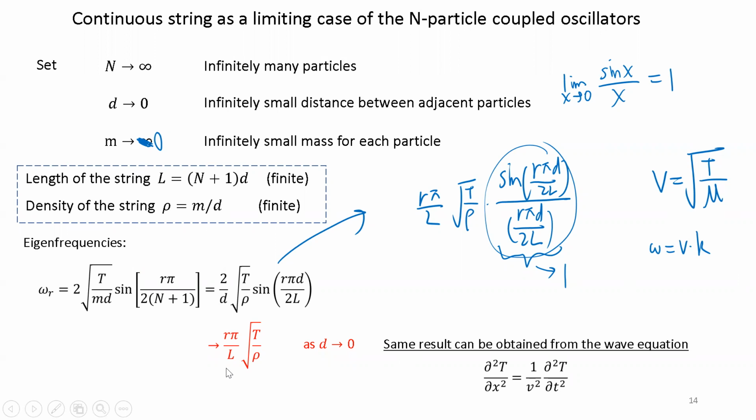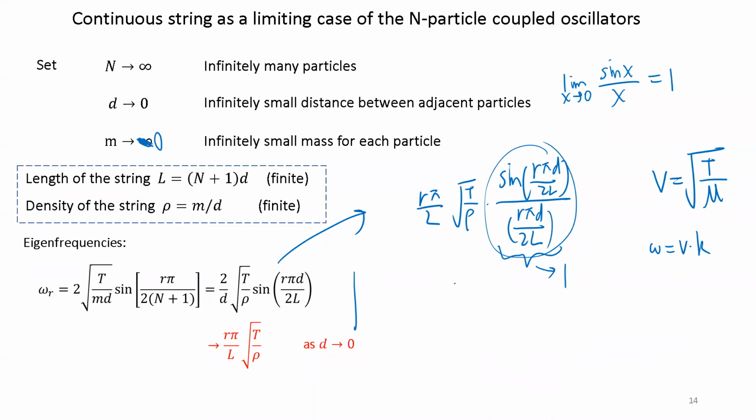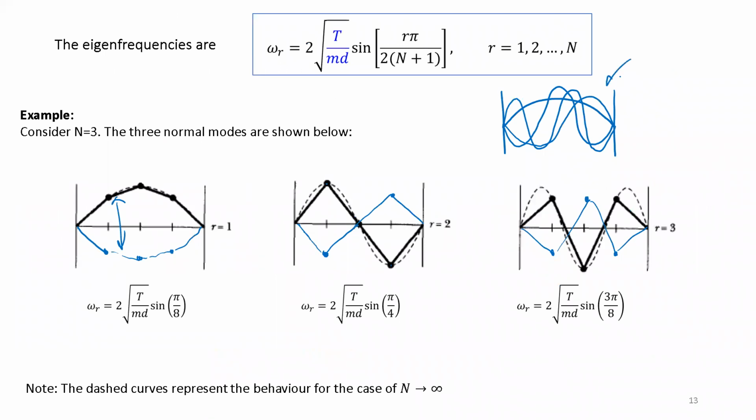By the way, how do we get k? I think you know that already because you are using this picture over here. If this is the length L, what is the wavelength? For the first fundamental mode, the wavelength is 2L.